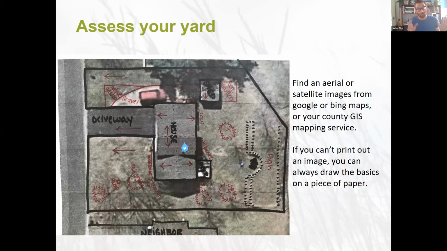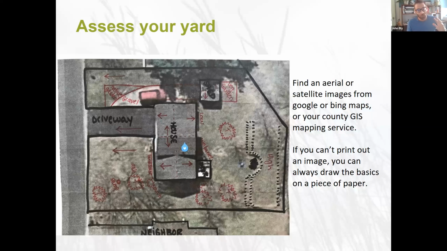Some of them have really cool contour lines for elevation, etc. Wherever you get your satellite imagery from, the point is to take that and then add information to it. Some of those images might be a few years old, so if you need to update where your driveway or sidewalks are, you want to do that.